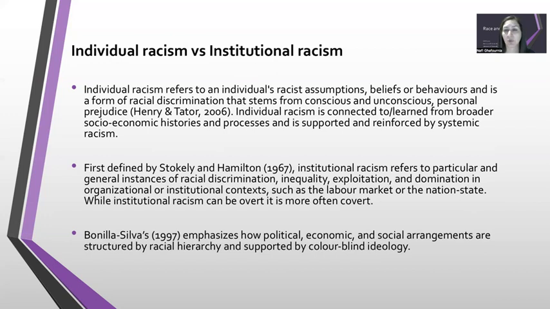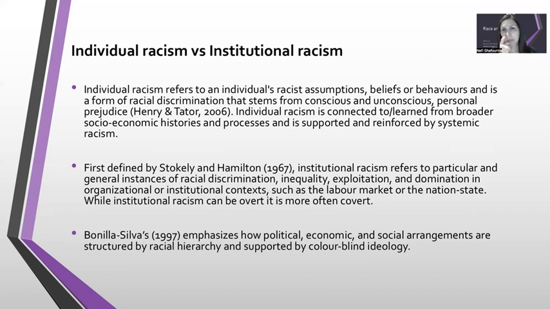We may be aware of that racist behavior, but sometimes we are not aware; it's unconscious bias and judgment that we have. However, there is another discussion that individual racism is not completely separate from broader socioeconomic histories and contexts, and is always supported or reinforced by systemic or structural racism. They have a close link to each other.